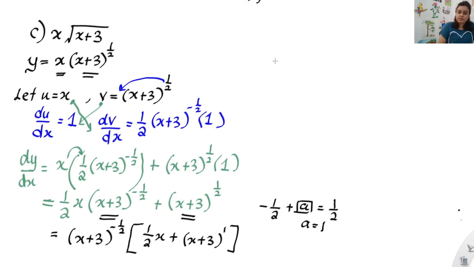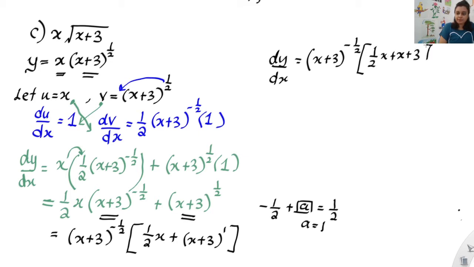Done, ready? So now your dy dx. You solve inside the big bracket first. The big bracket is 1 over 2 x plus 3. So we solve that: 1 over 2 plus 1, you get 3 over 2 here. So this one is x plus 3 power of negative 1 over 2, and here you write 3 over 2 x plus 3.